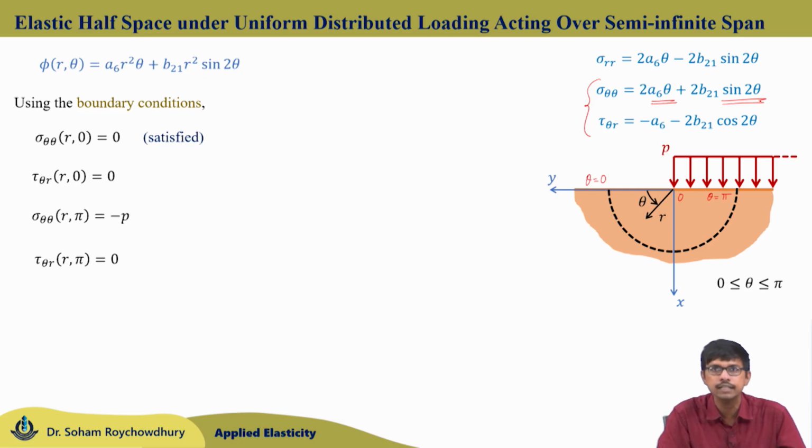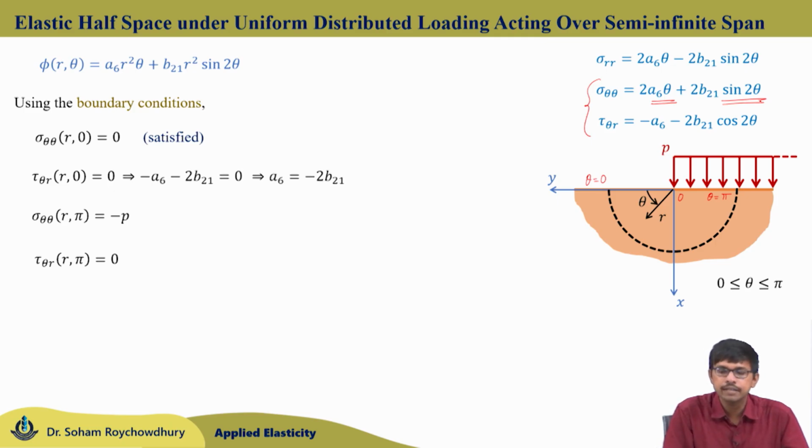Coming to the second condition, substituting theta equals 0 in tau r theta, we get minus a6 minus 2 b21 times cos 0, which equals 1. So this would be minus a6 minus 2 b21 equals 0, and through this we can relate a6 and b21 as a6 equals minus 2 b21.